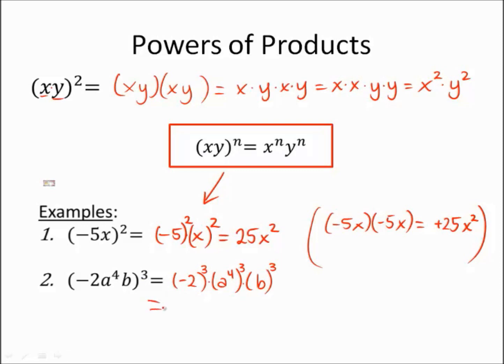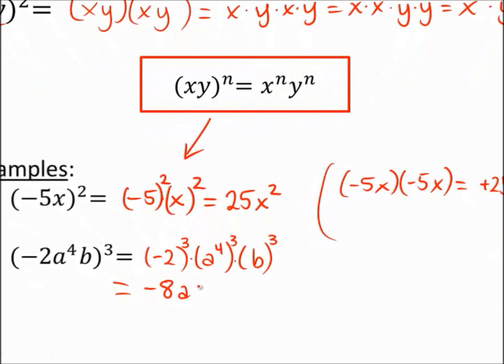So we can rearrange them in our heads and rewrite them in this manner. Negative 2 to the power of 3 is negative 2 times negative 2 times negative 2, which gives you negative 8. Then you have a to the power of 4, so you have 3 groups of 4 a's each, which is 12, and 3 groups of 1 b each, which is 3.